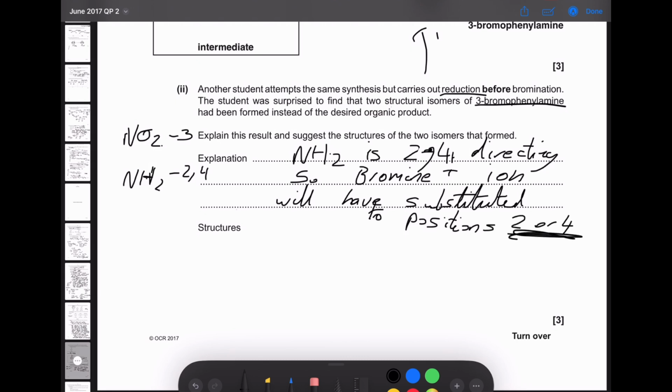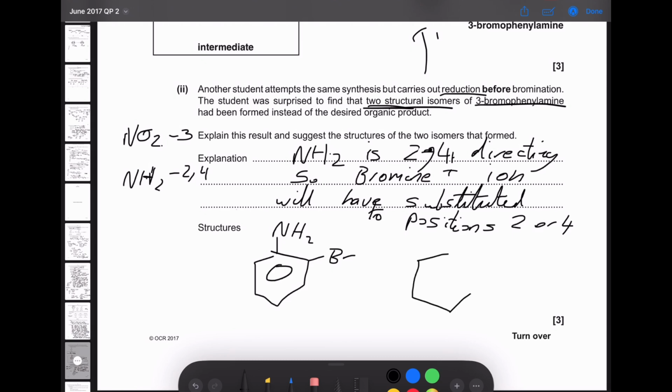And that 2 or 4 is how we get our 2 structural isomers. So if it's amine at the top, first one's going to be at position 2, so that's Br there, and then the second one's going to be there, NH2, and it's going to be position 4, which is here.